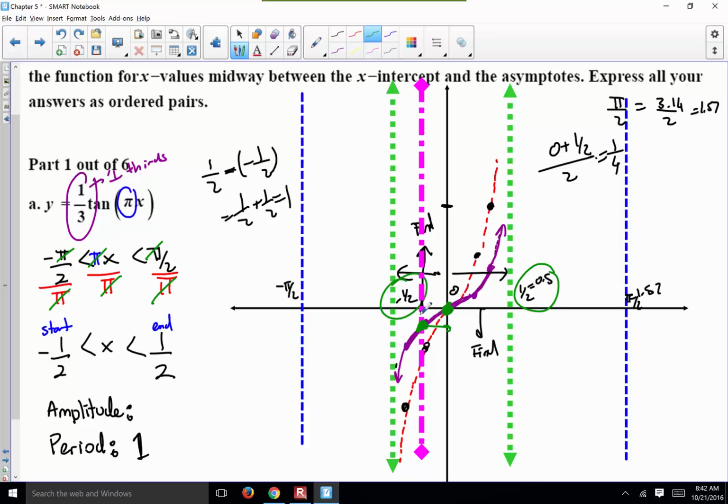They want its x and y coordinates. The x coordinate is 1/4, but what is the y coordinate? How do I find it? Enter -1/4 into the tangent and find it out.